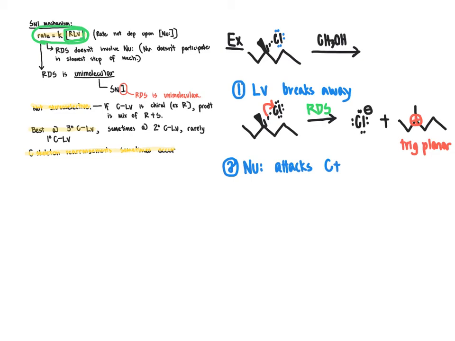So let's go ahead and draw that out. I'm going to draw our carbocation intermediate that we formed as a result of step 1. And then we'll show our nucleophile, the oxygen atom of our methanol, CH3OH, attacking that, because we have to have a lone pair of electrons or a pi bond acting as the nucleophile.